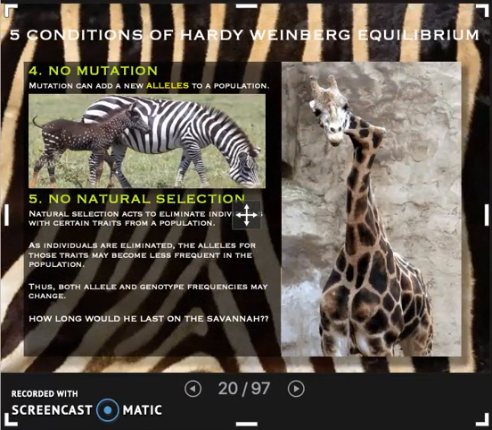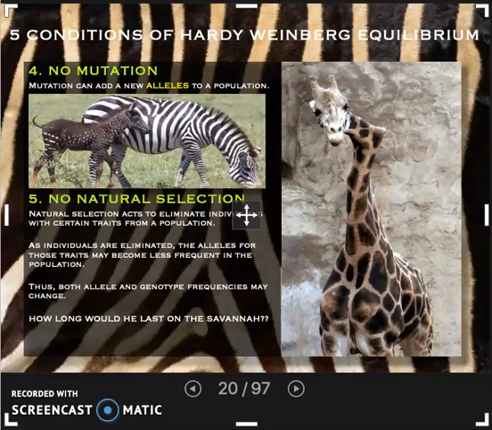Another condition is no mutations. If I have this population in equilibrium, I can't have the genes just spontaneously changing. That would screw up the equilibrium. And then last but not least, I can't have natural selection. So I couldn't have a leopard run around the island killing all the people that couldn't run fast, because that would select for certain genes and select against other genes.